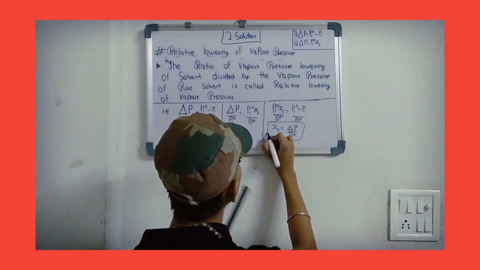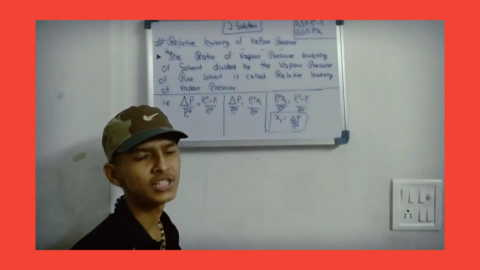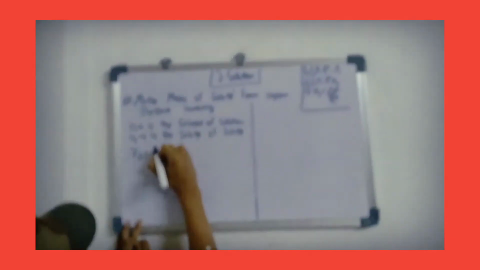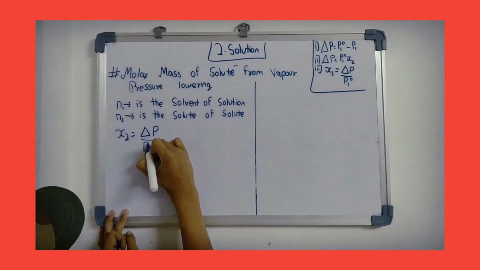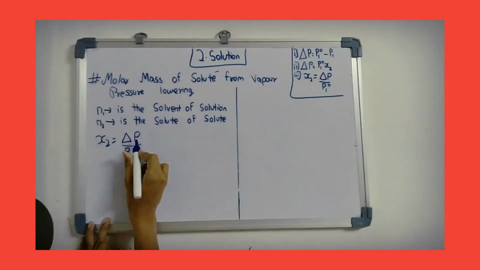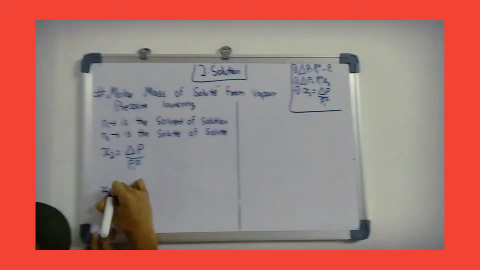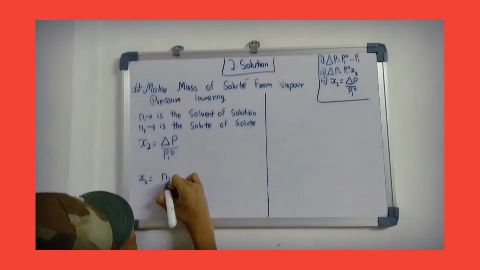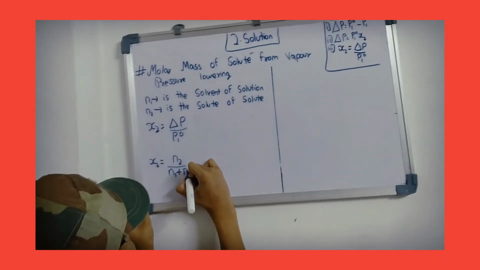So now we will be looking at one more concept. Now we will look at the relation between the molar mass of the solute and the vapor pressure lowering. So we have found that x2 is equal to delta P upon P1 naught. We know that x2 is the mole fraction of the solute. So x2 is equal to N2 upon N1 plus N2.